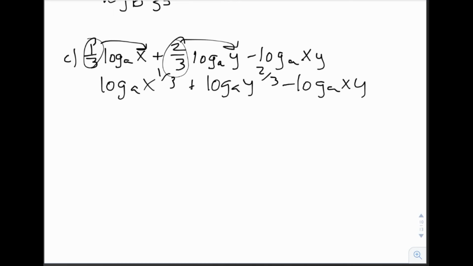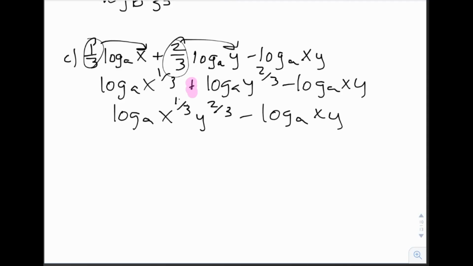So first of all, this plus tells us that we can go ahead and use our product property. So log base a of x raised to the 1/3, multiplied by y raised to the 2/3. Finally, minus log base a of xy. So let's go ahead and look at this.